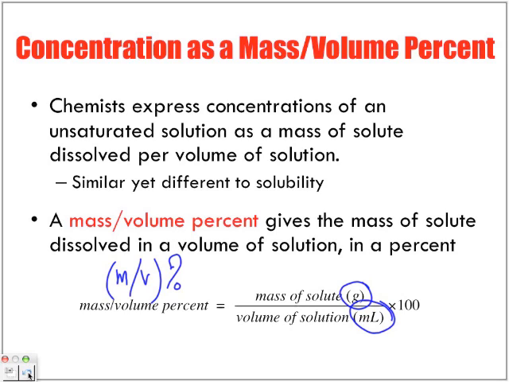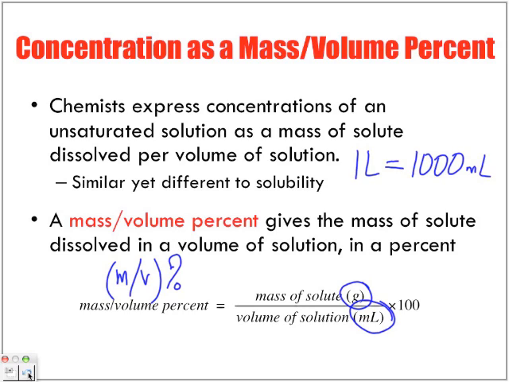So if your question gives you the volume in liters, make sure you convert liters to milliliters. Remember that in 1 liter there are 1,000 milliliters. So we're going to have the mass of the solute divided by the volume of the solution.